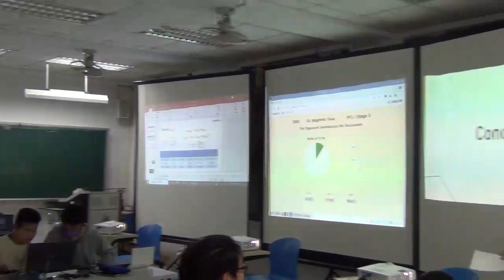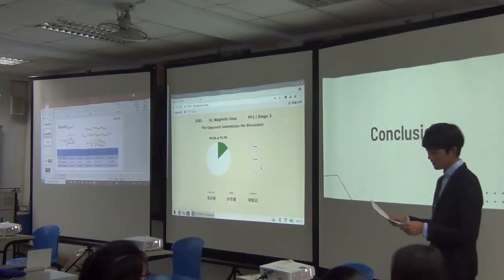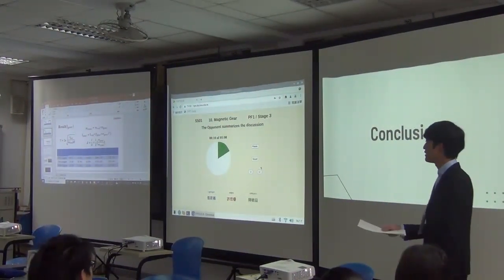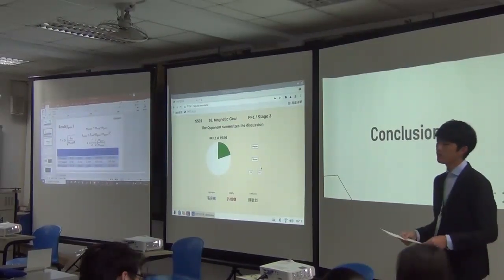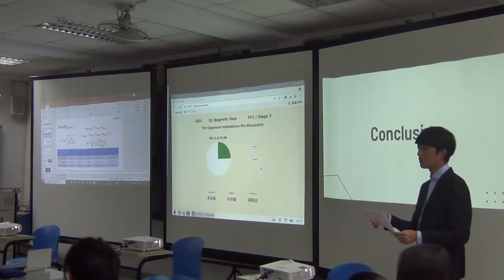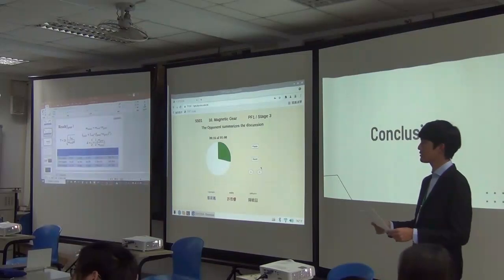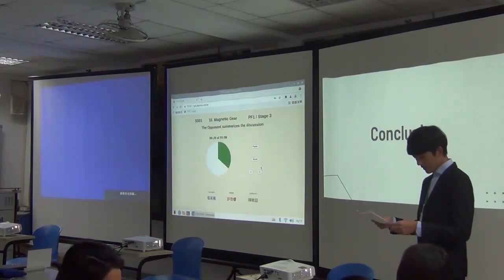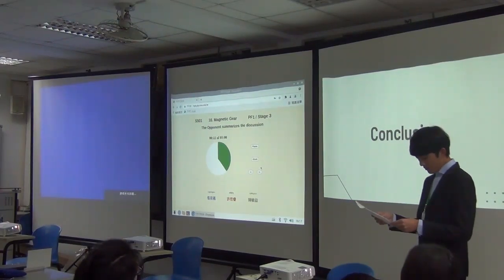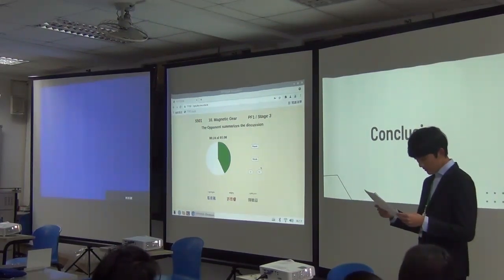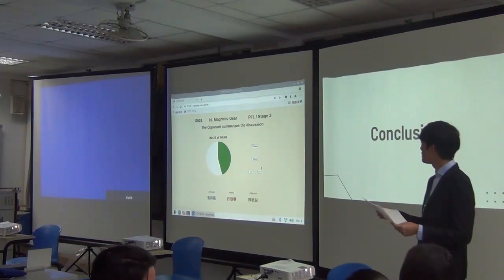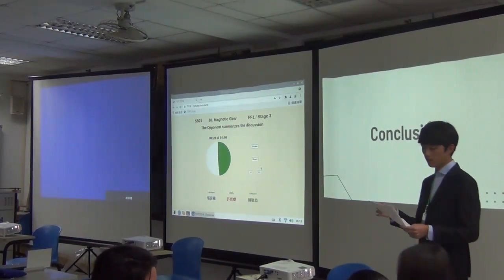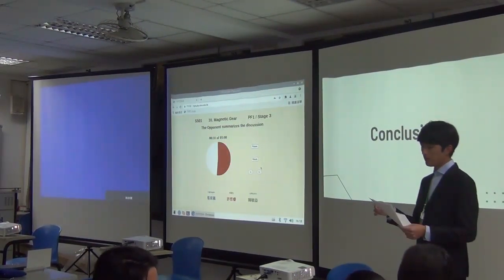Okay, and this is a conclusion of the opponent. First we discussed the y-axis of the graph, because we needed more clarification on it, and they explained very clearly what rate it is. Second, we talked about the data of the first experiment, which is changing the number of blades.